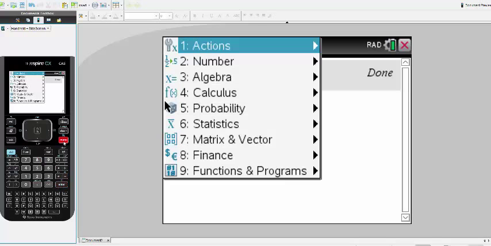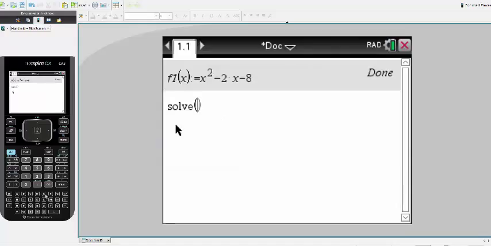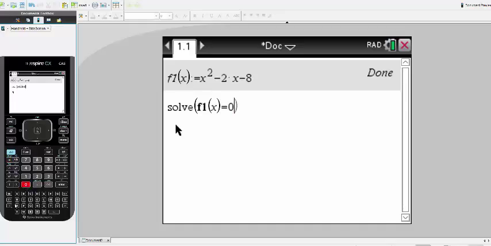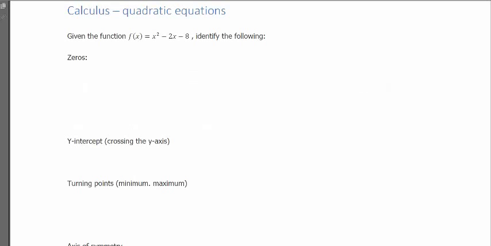And now in the menu we have algebra, solve, and we would like to know when this function f of x, or in this case in the calculator f1 of x, is equal to 0, and then we add comma x to tell the calculator that the variable we want you to solve this equation for is x, and then enter, and we get minus 2 or 4, which is exactly what we confirmed here.